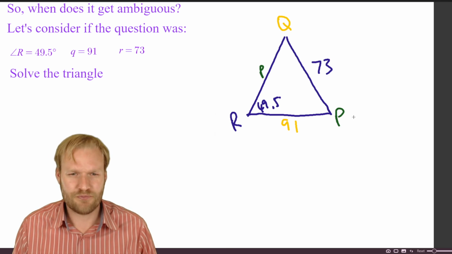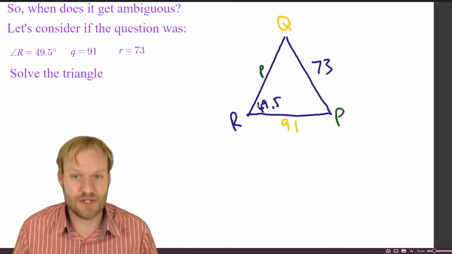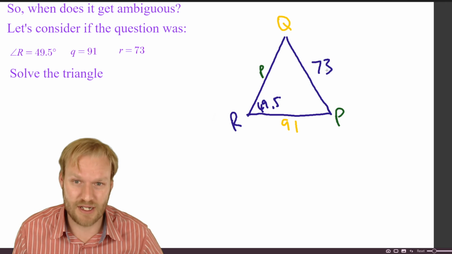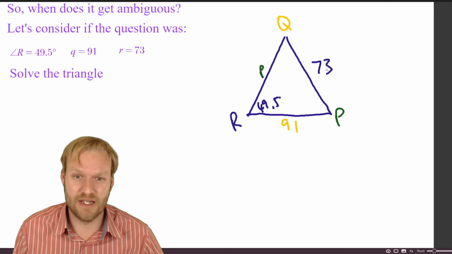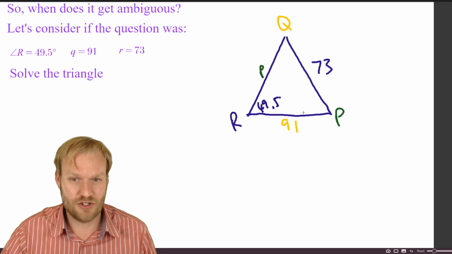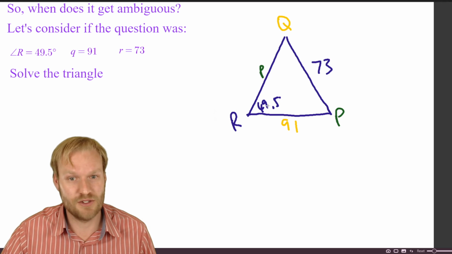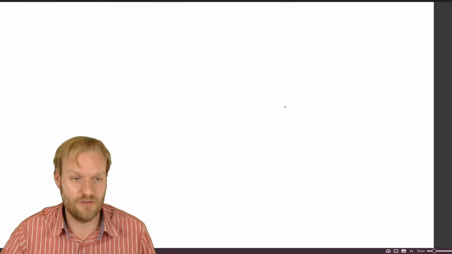So if you're given an angle and the side opposite it is the smaller side, then it will be an ambiguous case. So you're given an angle and two sides, and the angle is not included in the two sides, but the side opposite is the smaller of the two.